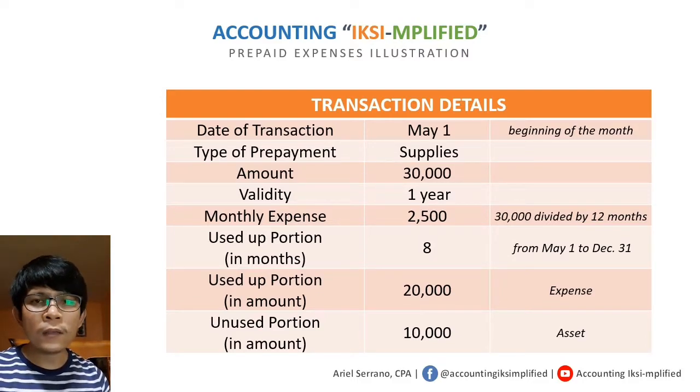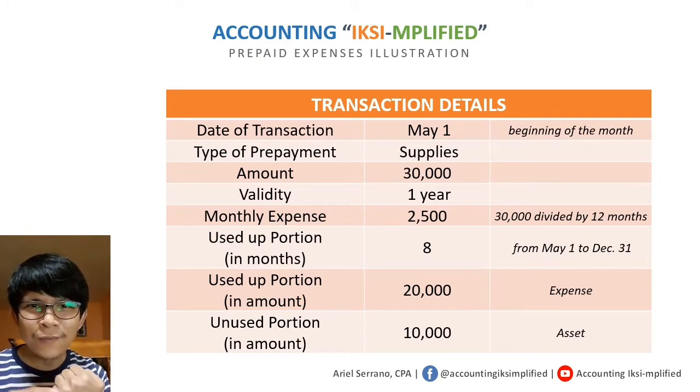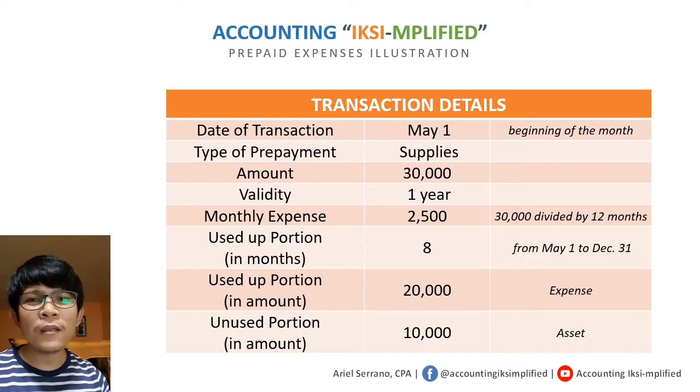So, from May 1 to December 31, if you count it using your hands, o yung January, February, March, April, so on and so forth, you will have 8 months na na-consume na yung supplies. So, 8 times 2,500, you will arrive at 20,000 pesos. Yun yung nagamit mo na, na-consume mo na utilized, na used up doon sa 30,000 na binili mo.